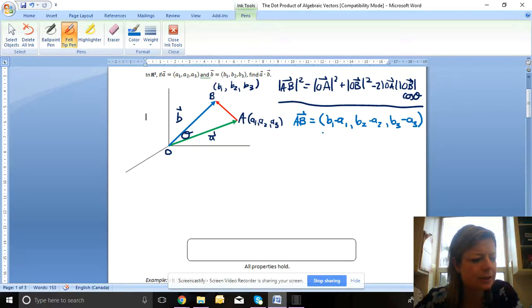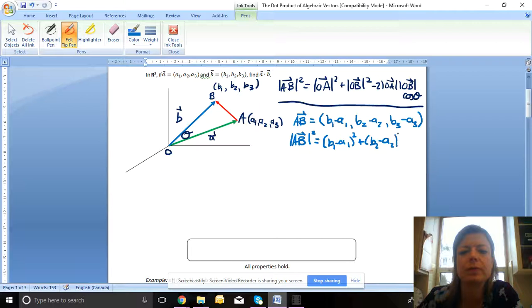And the magnitude, therefore, of AB squared: normally for the magnitude we would have a huge square root, but because we're squaring the magnitude, we don't need that. Remember, it's the X value squared. So B1 minus A1 is our X value, squared, plus B2 minus A2 squared, plus B3 minus A3 all squared. That is a way to represent AB all squared.